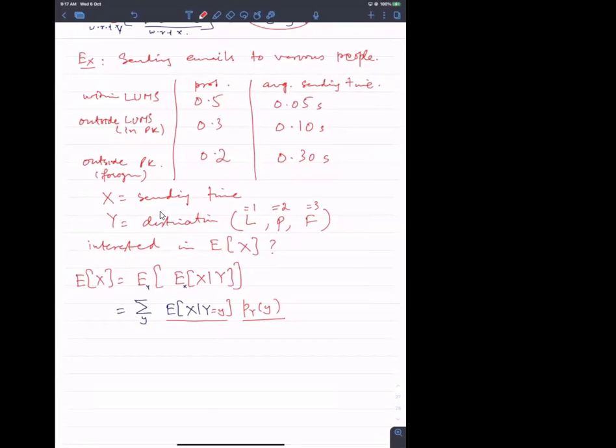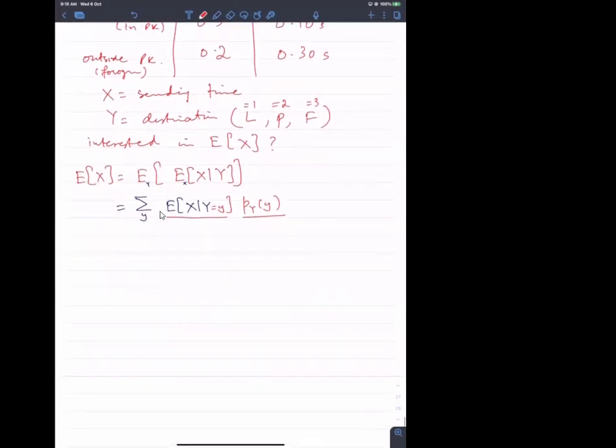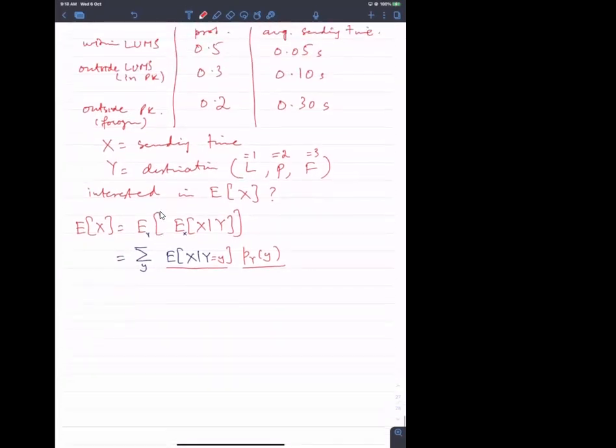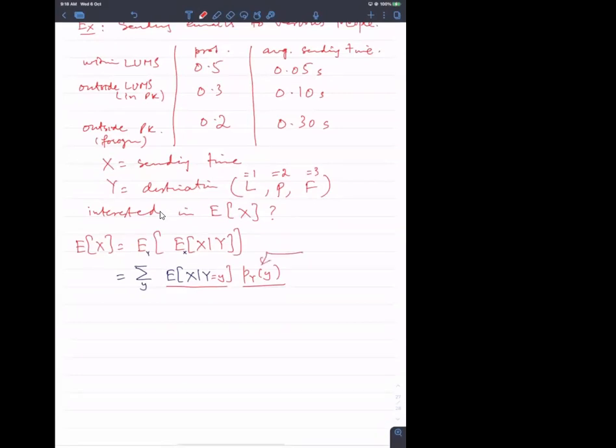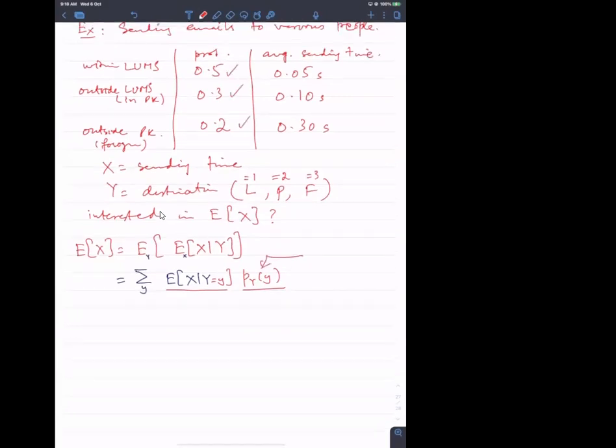Now what are these values? We know the probabilities of y: y takes the values 1, 2 and 3 with probabilities 0.5, 0.3, 0.2. I am interested in finding the expected value of x given y equal to 1.